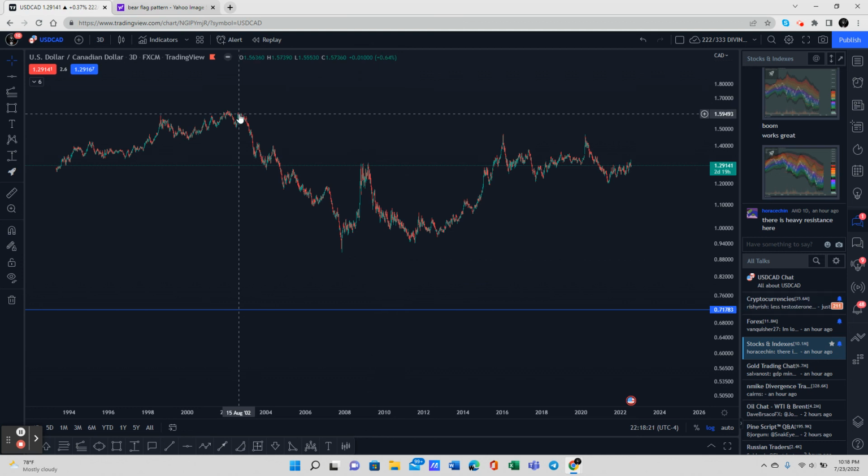From August of 2002 all the way to November of 2007, the Canadian dollar was winning. The Canadian dollar was winning. Yeah, the dollar had its valleys and stuff, but that's a long time. You know, what is that? Five years or so worth of dominance. And then what happened? The dollar had strength from 2007 all the way to March of 2009.